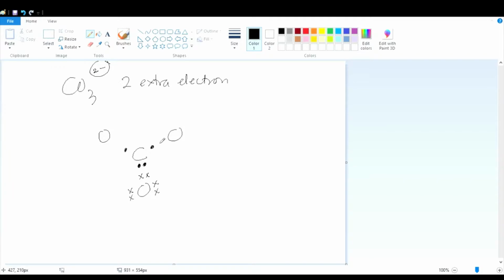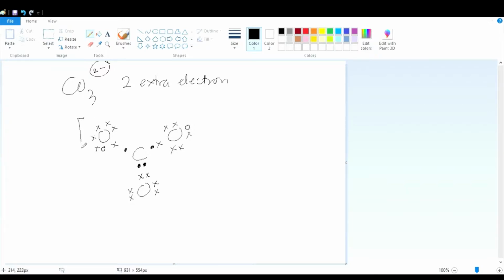What about the other 2 atoms of oxygen? 1, 2, 3, 4, 5, 6. Oh, we have room for 1 extra electron here. And the other oxygen, 3, 4, 5, 6, another extra electron over there.